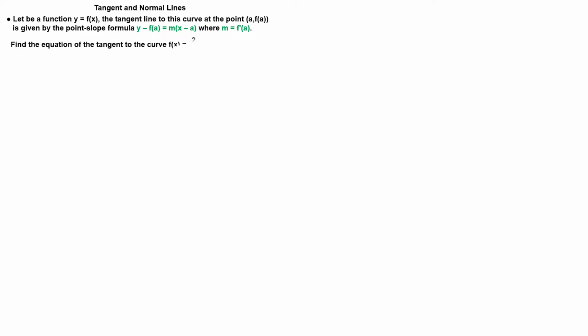Find the equation of the tangent to the curve at the point where x equals 1. In order to find the equation of a tangent, we have to follow the steps. Differentiate the equation of the curve. We rewrite the square root as a power to use the power rule.